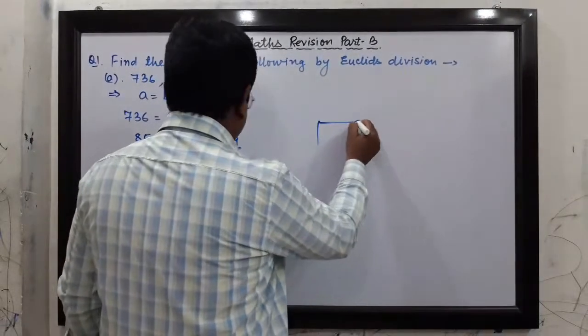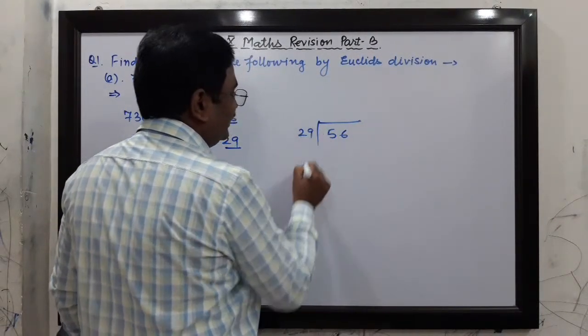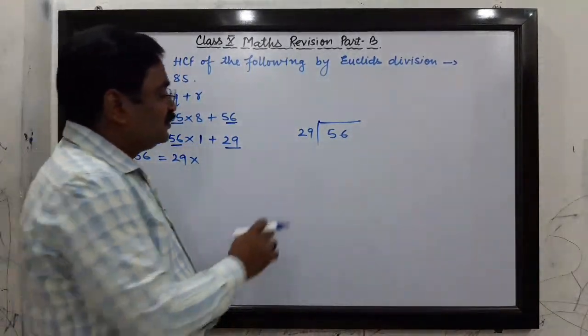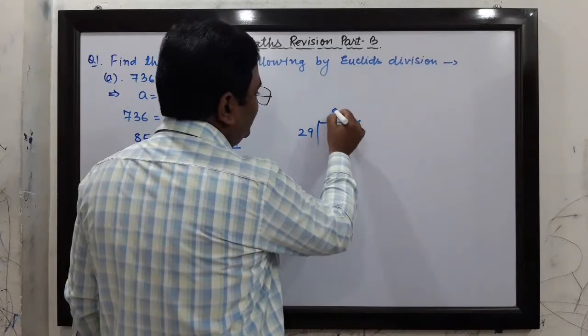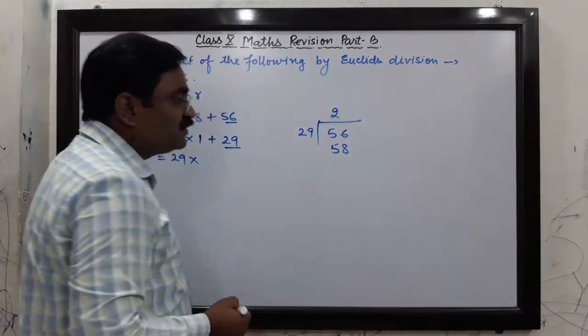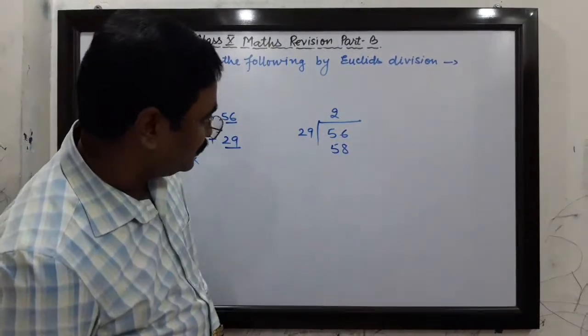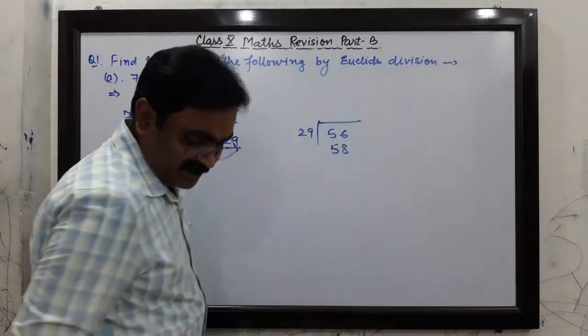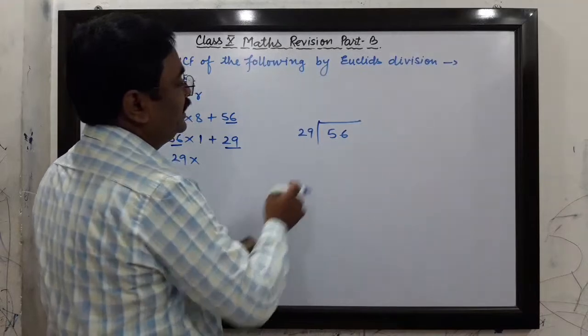Now 56 is to be taken as the dividend and 29 as the divisor. 56 equals 29 multiplied by, again you divide 56 by 29. 2 9s are 18, so that is more than 56, so you have to take 1. 29 ones are 29.